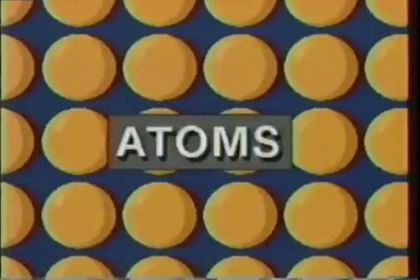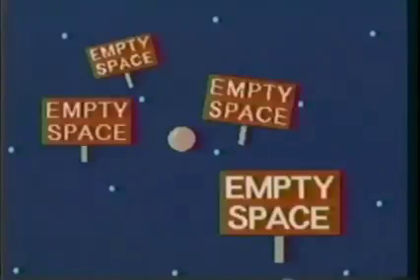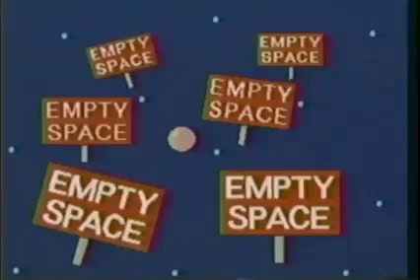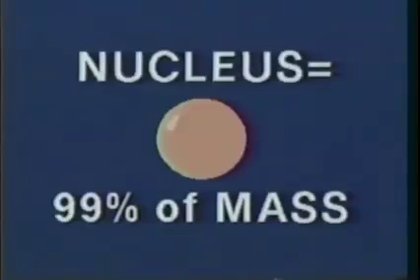We believe that all substances consist of tiny particles called atoms. Our current model of the atom assumes that it is mostly empty space. And in a tiny volume called the nucleus, over 99% of the mass of the atom is concentrated.